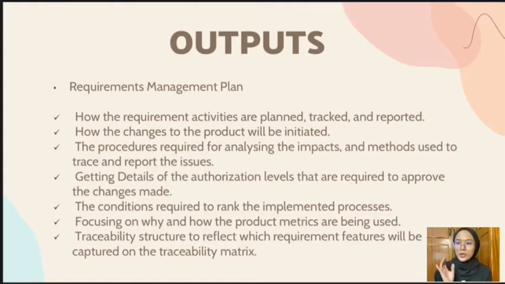The next output is the requirements management plan. The requirements management plan is a component of the project management plan that describes how requirements will be analyzed, documented, and managed.